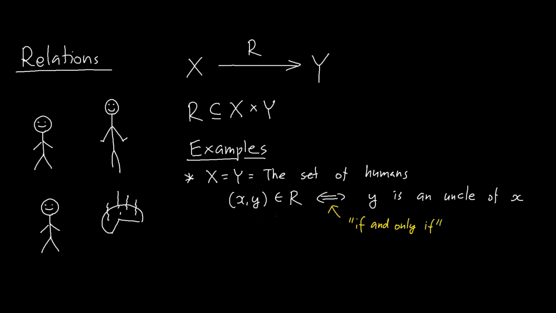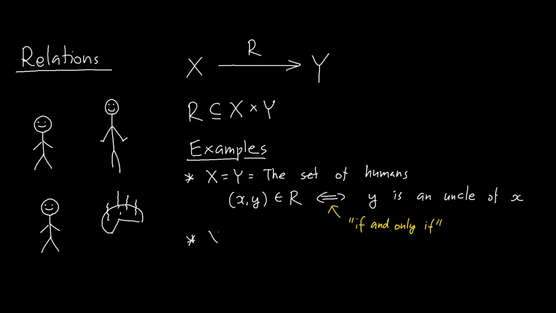So that means, of course, if this is true, then the other one has to be true. And if the other one is true also, then the first one has to be true as well. So in other words, this is being expressed in this mathematical way. So then the set R will be the set of all possible ordered pairs where Y is an uncle of X.